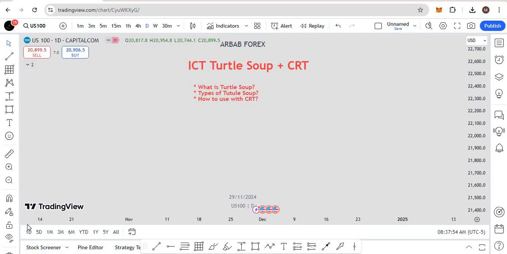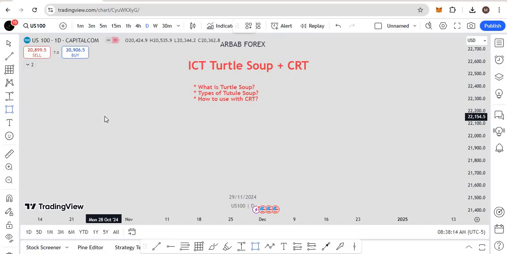So first of all, what is turtle soup and how many types of turtle soup are there? I will give you a quick example. On the internet you will hear about turtle soup. It's basically a fake out of any support area or any resistance area.